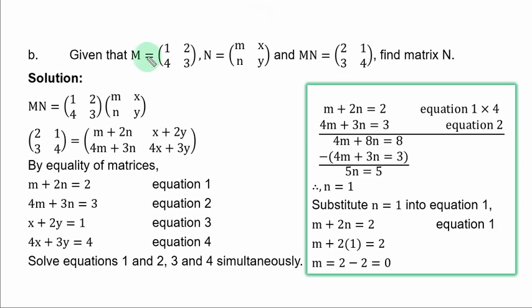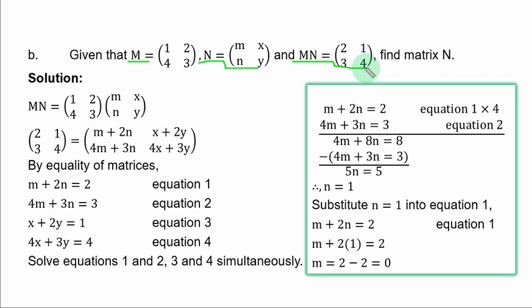Question 12b. Given that M is equal to the matrix with the first row 1, 2, second row 4, 3, matrix N with entries in the first row m, s, second row n, y, and the product of matrix M and N is equal to the matrix with the entries in the first row 2, 1, second row 3, 4.